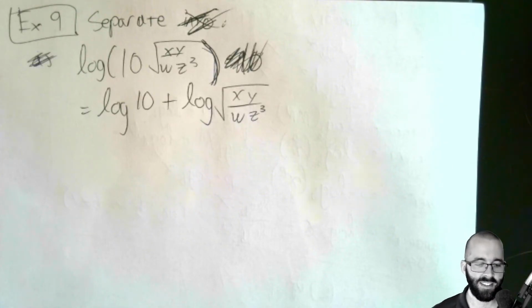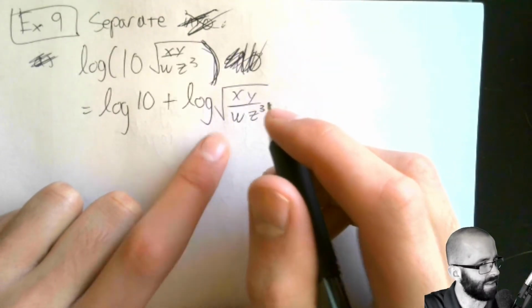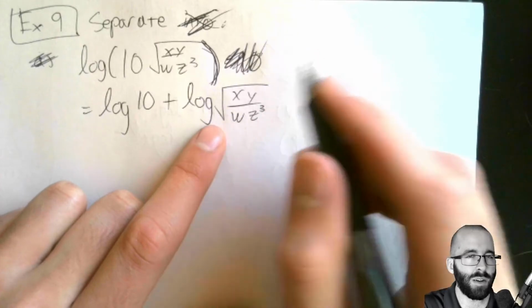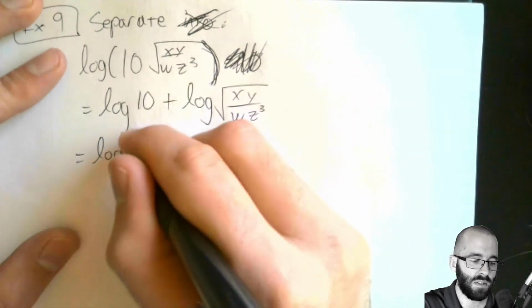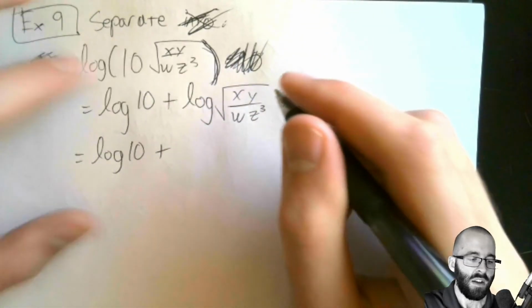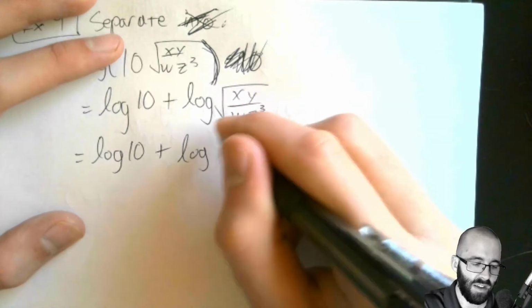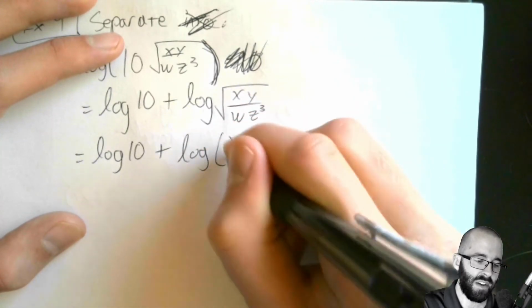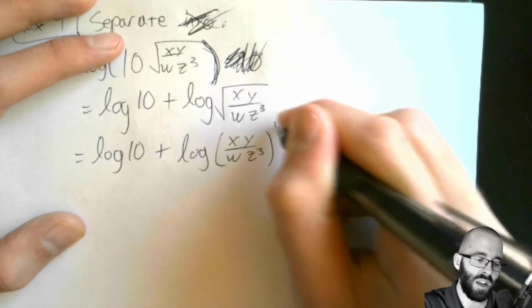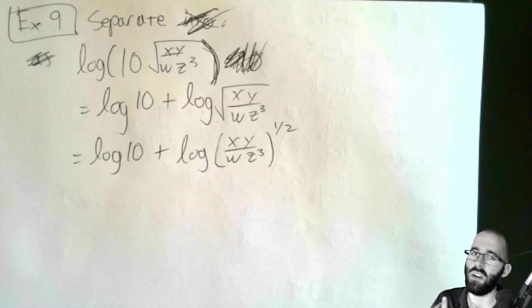So we have to use the power rule. And you say, how do we use the power rule? We have a square root that's blocking us. Well, remember, square root is an exponent. Furthermore, this is the square root of each individual thing, but we'll save that for later. This is going to be the logarithm of xy divided by wz cubed raised to the 1/2 power. Square root is an exponent of 1/2.